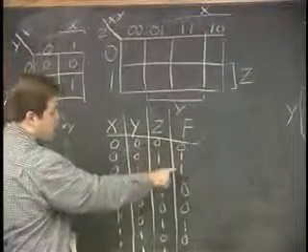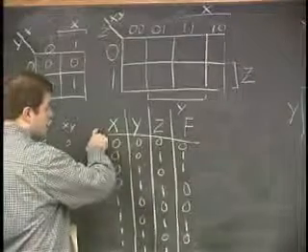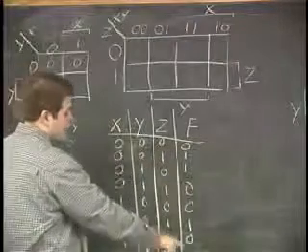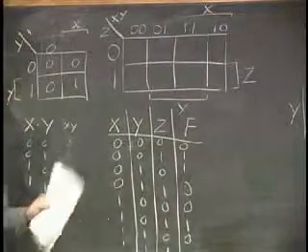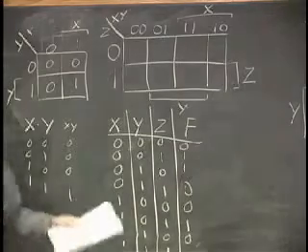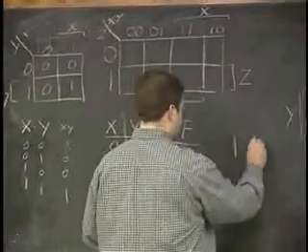So for every one, if we were to do a sum of products, every term here would basically be a triple, and you would have 4 of those terms ORed together. So in terms of logic, that's pretty complex. We would need something like this.